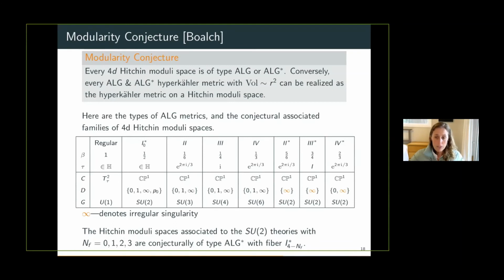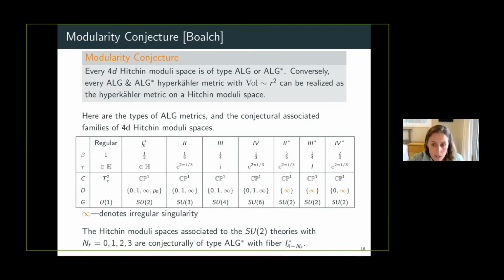And so you can come up with a nice chart of the various values of the cone angle and the parameter tau, and what Hitchin moduli spaces you should take, what the base curves should be, what the divisors should be, and what the rank of the bundle should be.